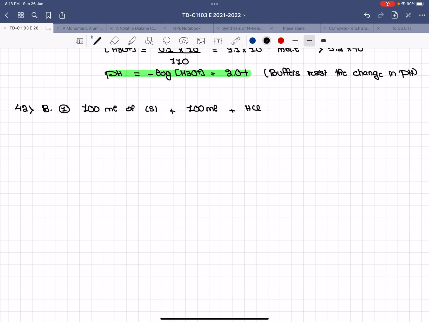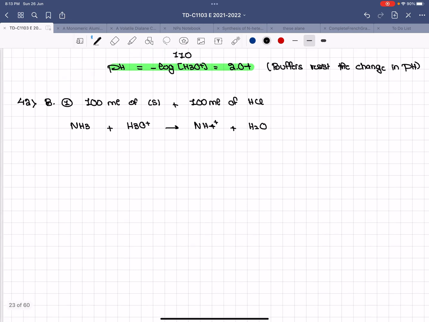Again, HCl is basically H3O plus. H3O plus will react with the base in the buffer, which is NH3. It will react with H3O plus, which is HCl, to give you NH4 plus and H2O. Again, do the whole thing.